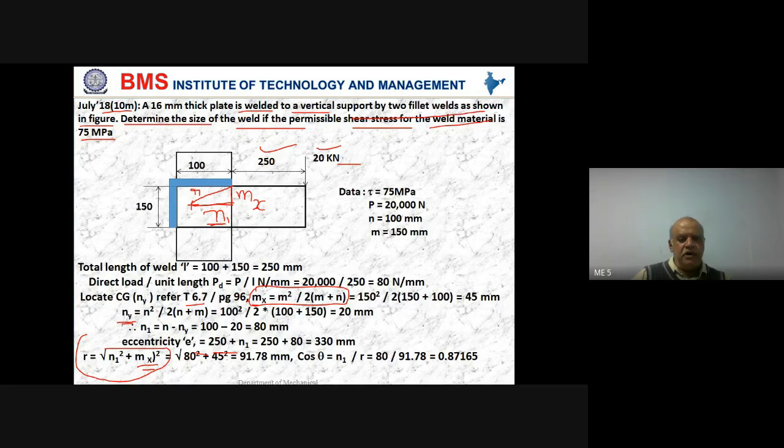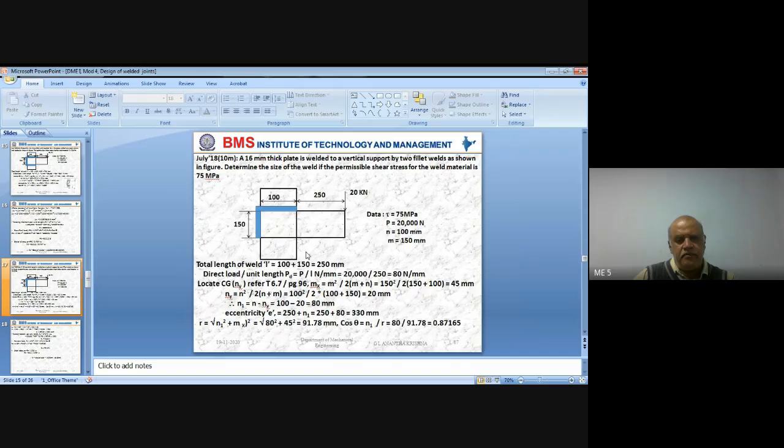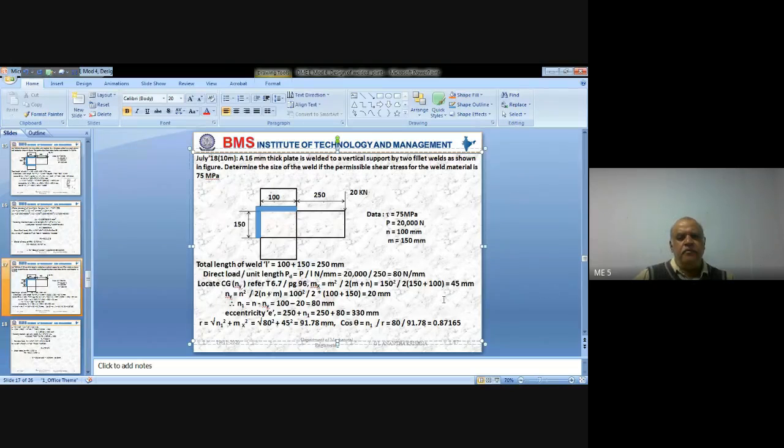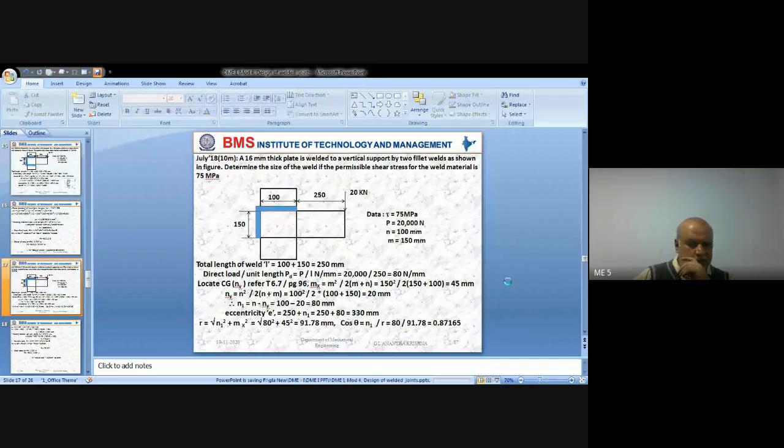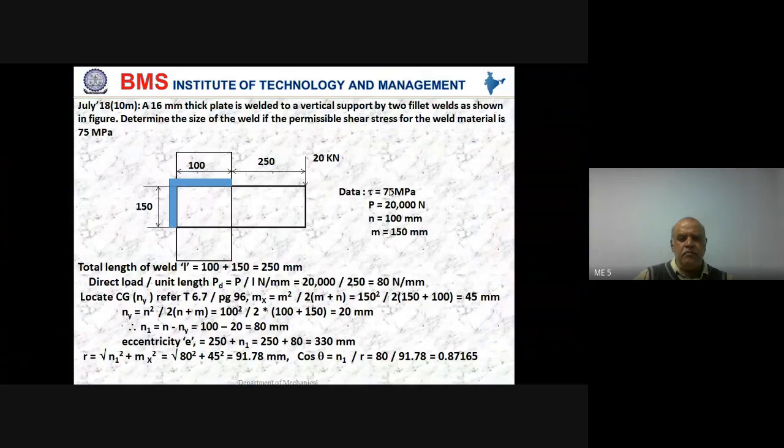Here it is N1 square plus MX square. There's no bracket over here. Give me the value of JW once you calculate.